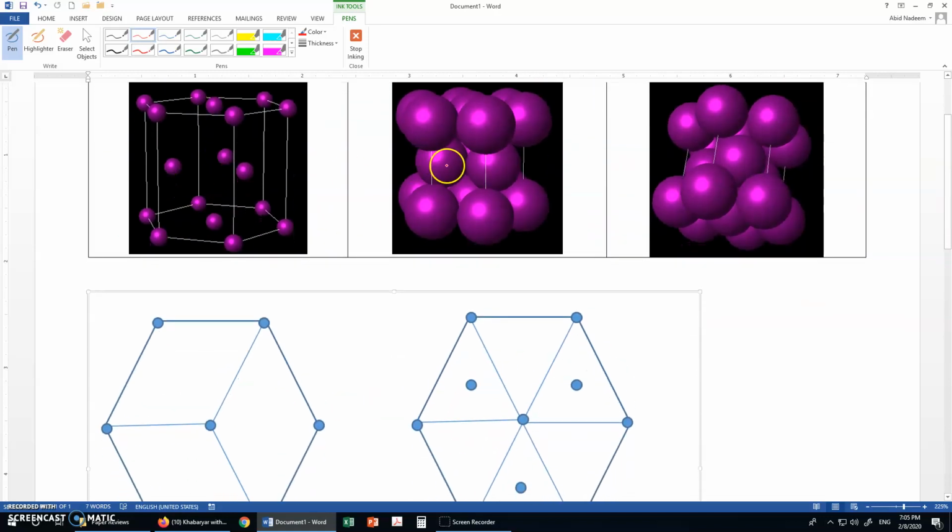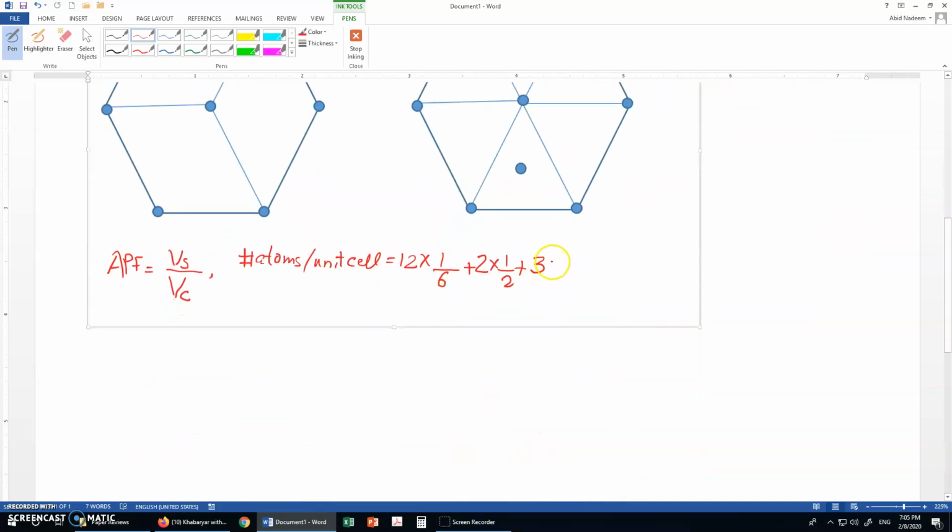These middle atoms are fully contained in this unit cell, so we take their portion as 1. So it is 2 plus 1 is 3, plus 3 is 6. In total, 6 atoms are involved in one unit cell.